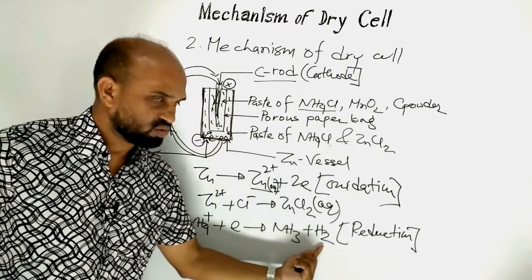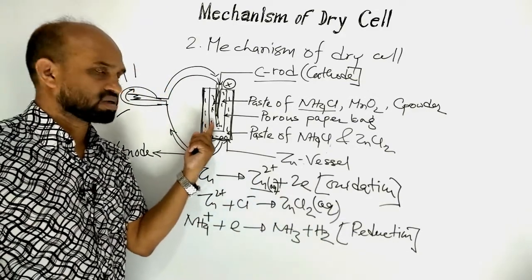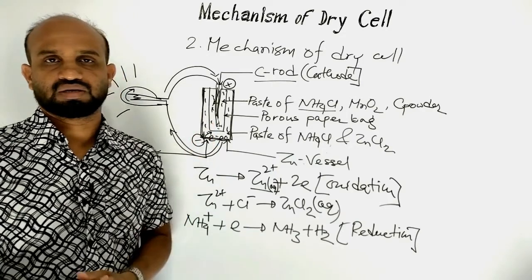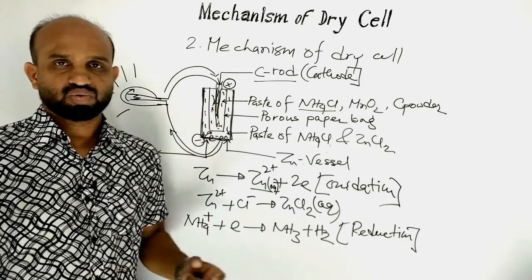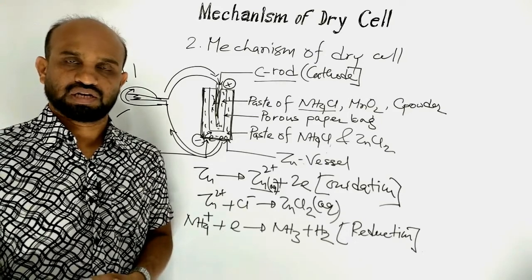Now what about this hydrogen? Around this carbon rod, gas bubbles of hydrogen is producing, which makes a problem for the continuous electricity.